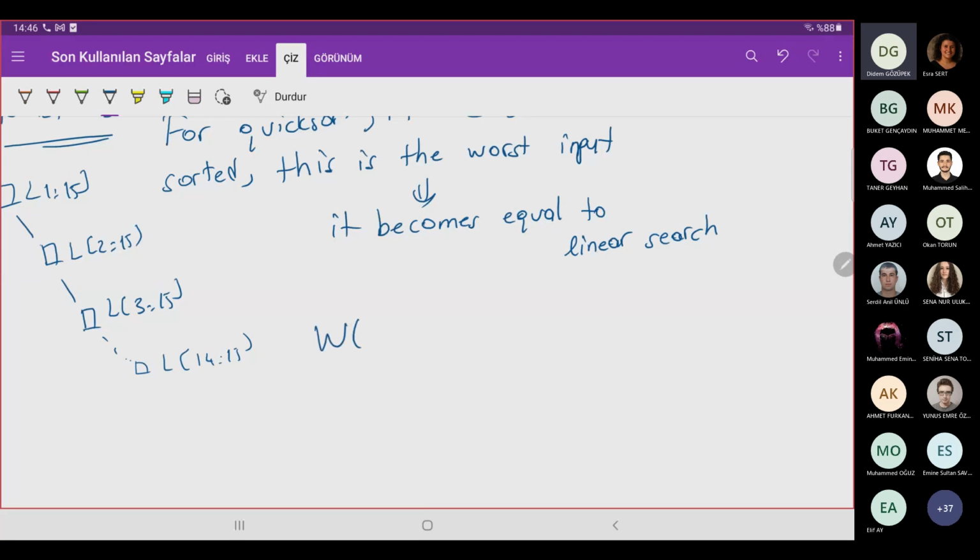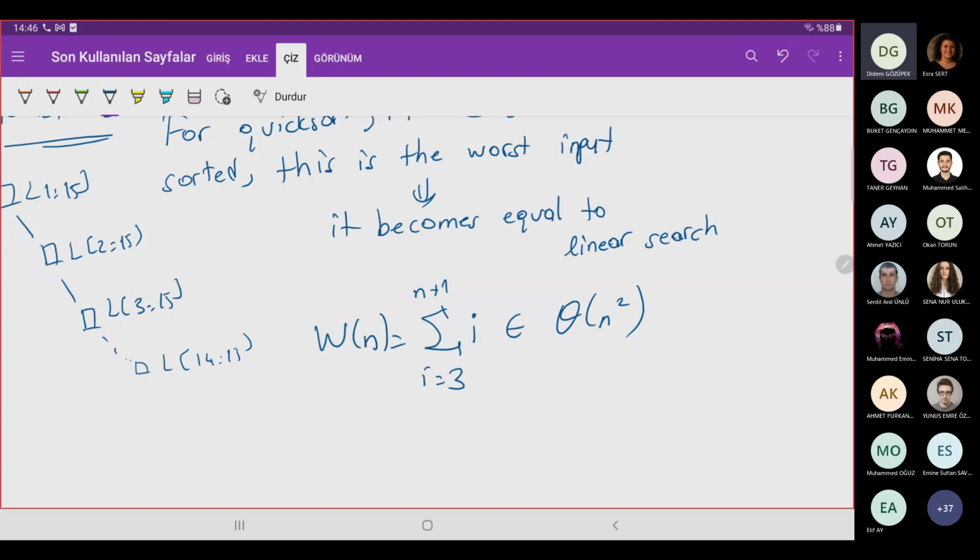So worst case, Wn is equal to the sum over i from 3 to n plus 1 of i, which is equal to theta n squared. Okay? So it starts from 3 or 1, doesn't matter. So it's n squared, and the complexity is not different from insertion sort.